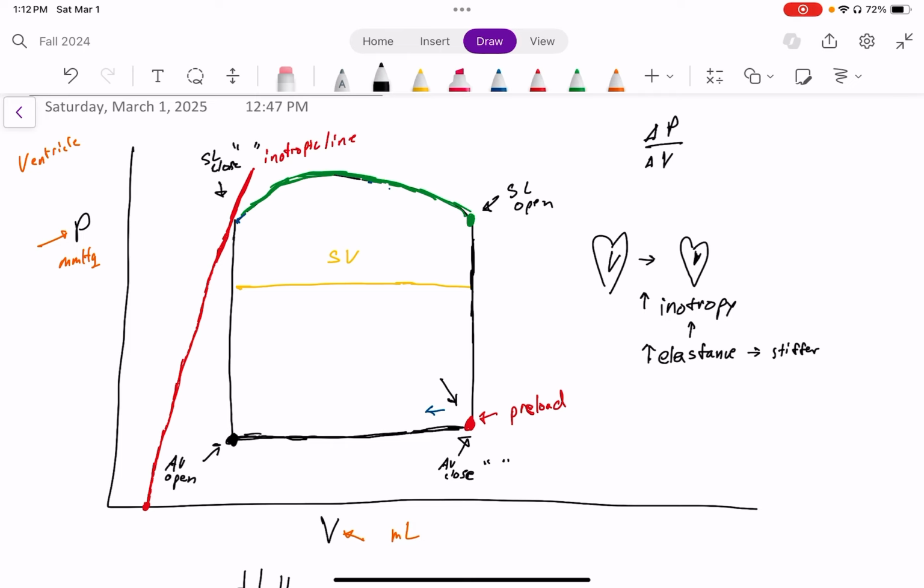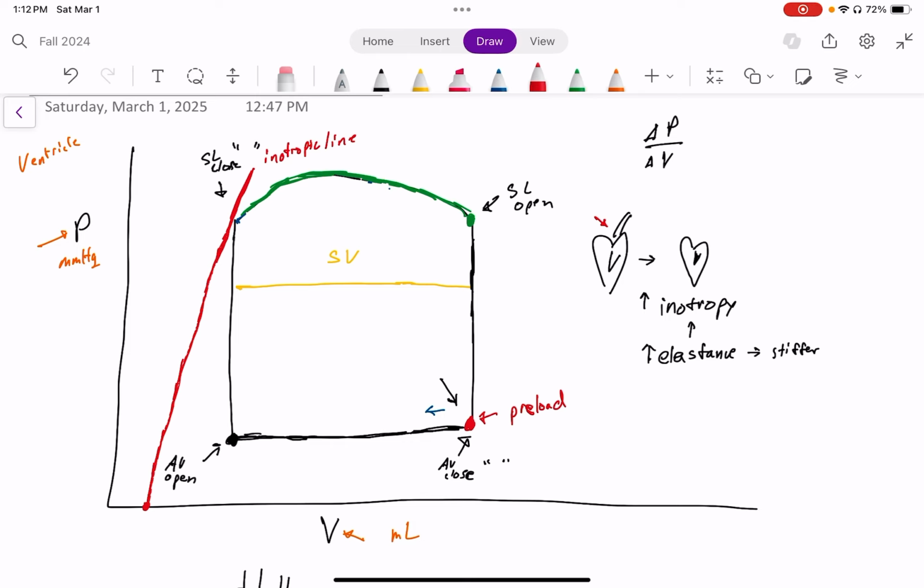So, for example, as the blood leaves the ventricle and goes into the aorta, if the aorta is smaller, that means there's more resistance, right? There's higher blood pressure in the aorta, and so it's harder for the ventricle to push blood into the aorta. So that means that there is higher afterload.